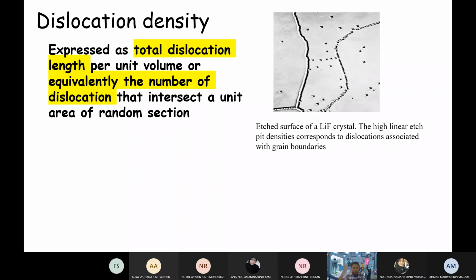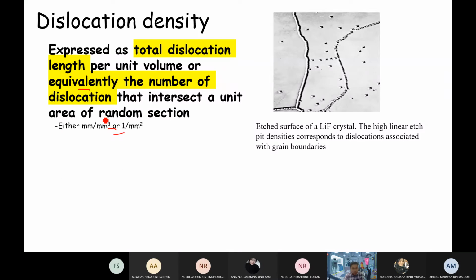Now we talk about dislocation density. So dislocation density, we express it as a total dislocation length per unit volume, or equivalently the number of dislocation that intersect a unit area of a random section.